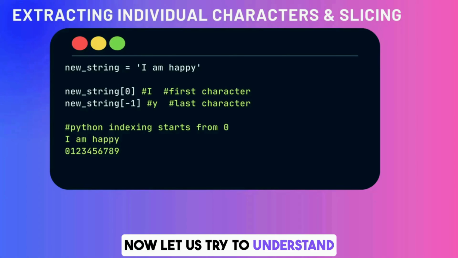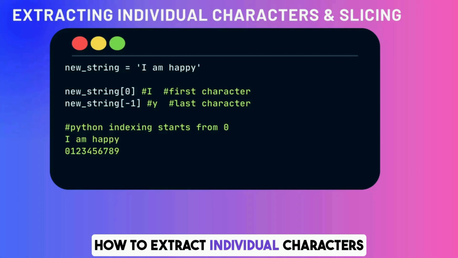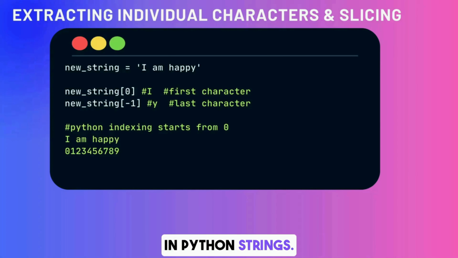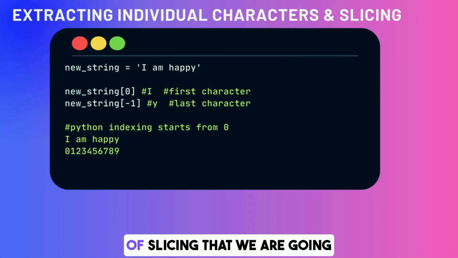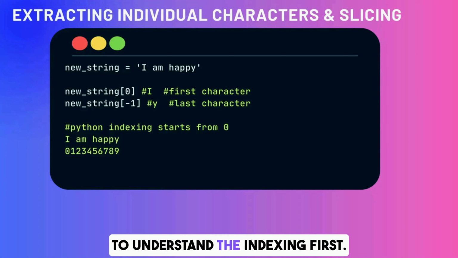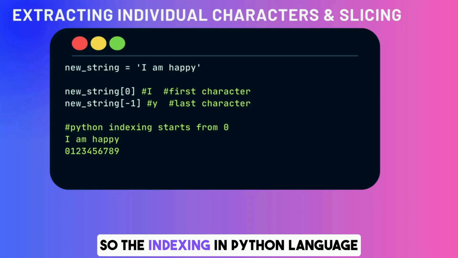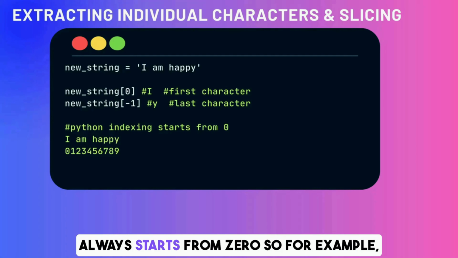Now let us try to understand how to extract individual characters in Python strings. We also have a concept of slicing that we are going to discuss in the upcoming slides. For this, let us understand indexing first. Indexing in Python always starts from 0.